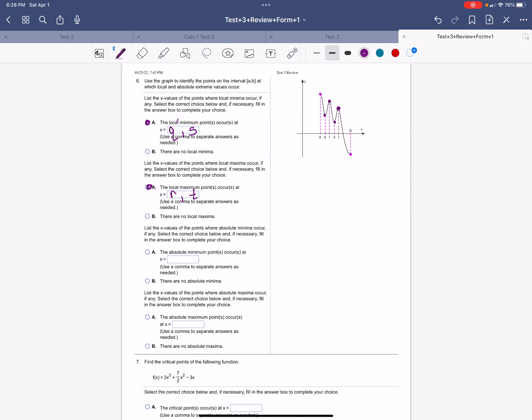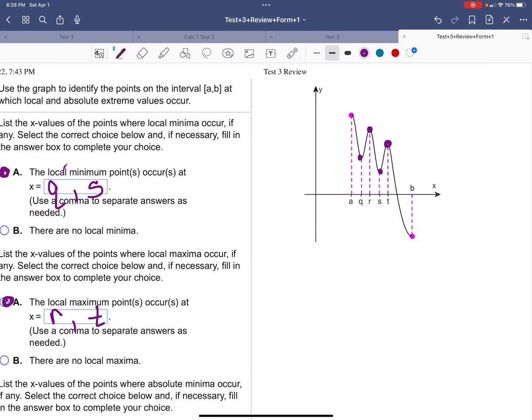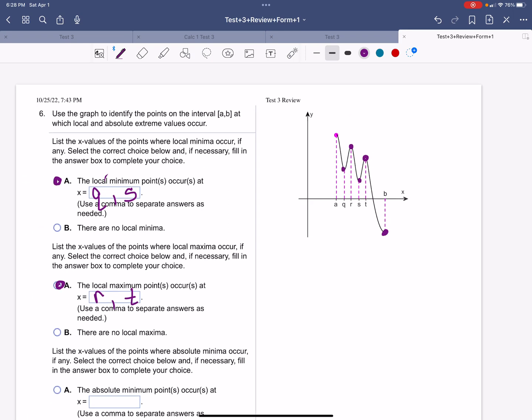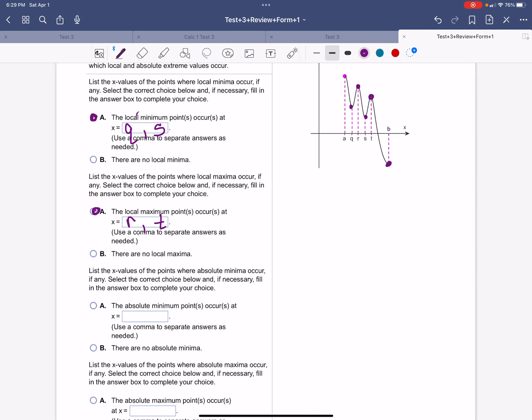Okay? Our next question is asking about absolute minimum, and so that's going to be our lowest value on the interval. And so it includes our endpoints, and this point right here is going to be our absolute minimum because it is the lowest value on our interval, and that occurs at x equals b.